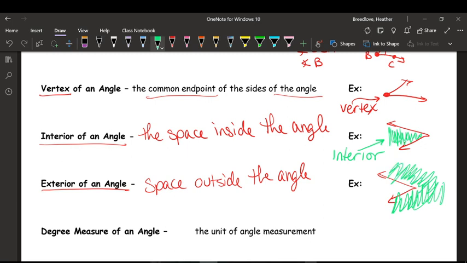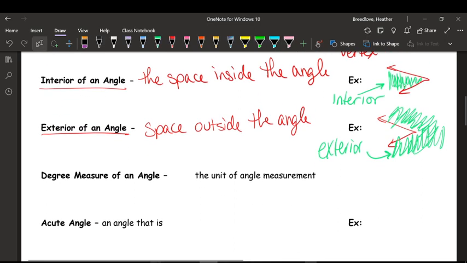Anything outside is the exterior. Eventually, we're not going to have all this vocabulary, but this unit 1 is basics of geometry, so it makes sense we have to start with the lingo, the vocabulary you need for this class.